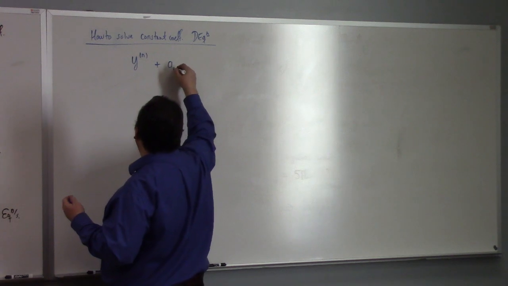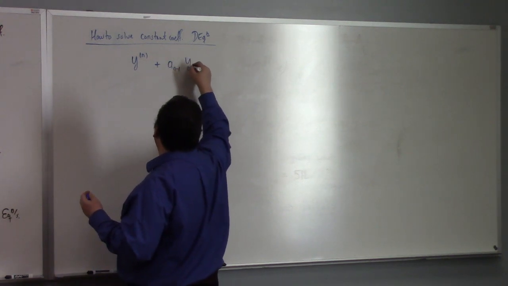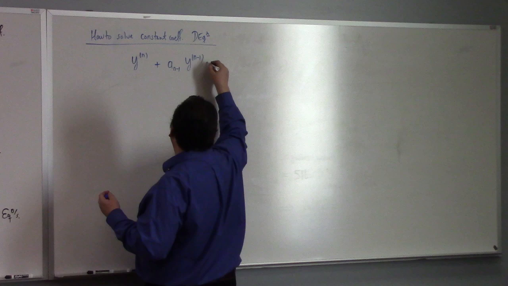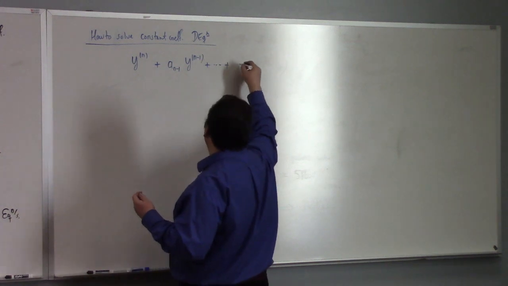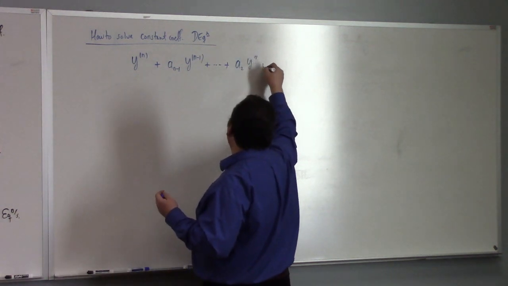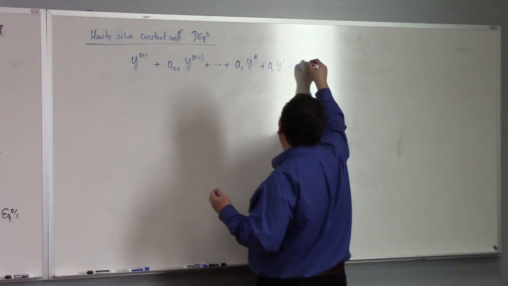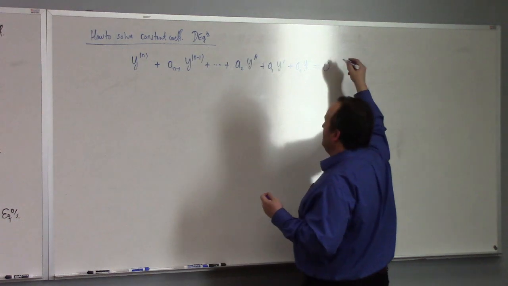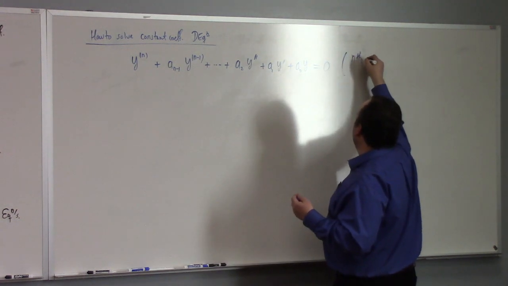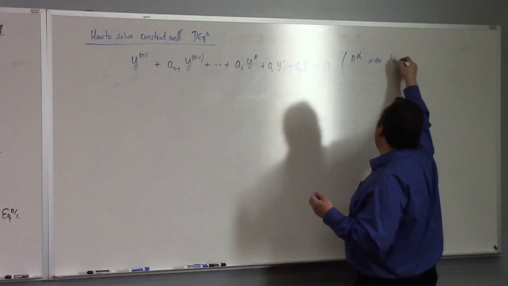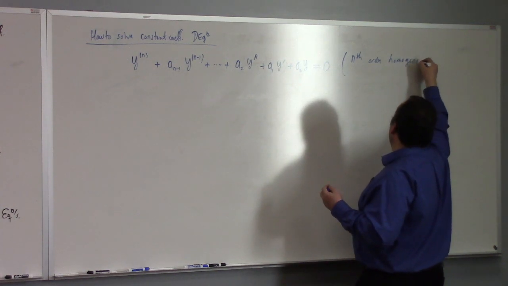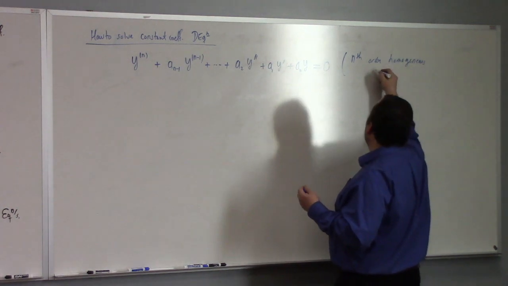Plus a sub n minus 1 times the n minus 1th derivative plus plus, a2 times y prime prime plus a1 times y prime plus a sub 0 times y equals to 0. This is the nth order homogeneous differential equation.